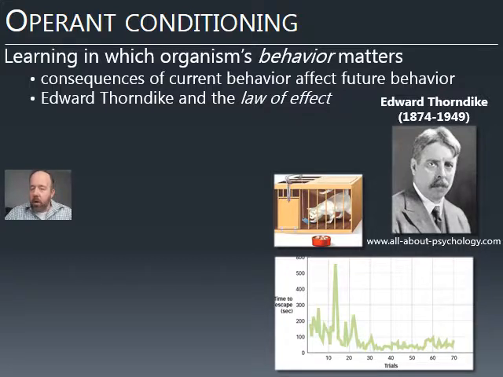So it learned the connection between the behavior, pressing the lever, and the door opening, getting out. This led Thorndike to develop what is called the law of effect. That is the idea, basically, that behaviors that lead to good things become more likely, and behaviors that lead to bad things become less likely.